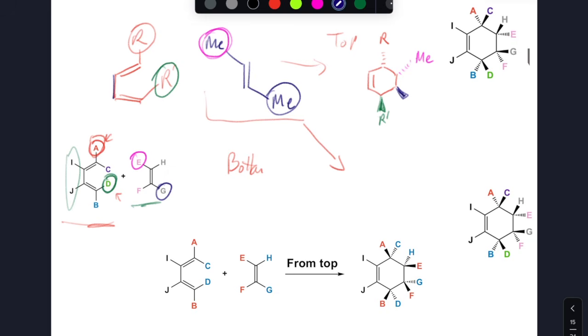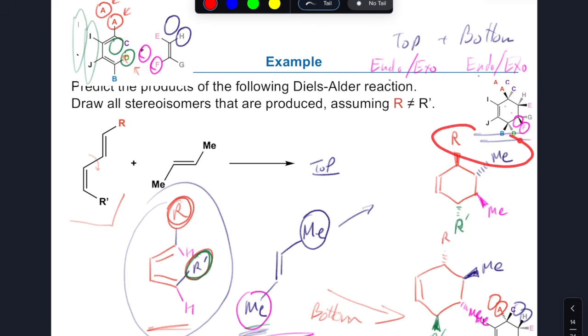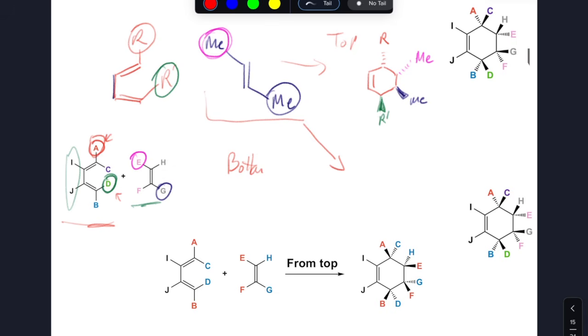So notice these are anti to each other. These are anti to each other, but because I've come in from this other alternate geometry, these two are now cis, whereas before these two were trans. That's the difference of the relative positioning. Bringing this methyl in, effectively endo to this group, ends up with them being cis to each other over here.